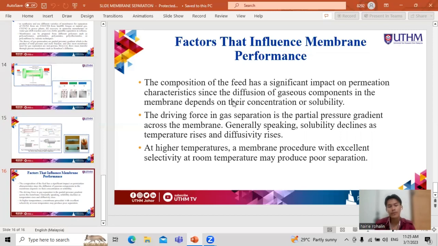Since the driving force in gas separation is the partial pressure gradient across the membrane, generally speaking, solubility declines as the temperature rises and diffusivity rises. At a higher temperature, a membrane with selectivity at room temperature may produce poor separation on the membrane sides. That's all from me.